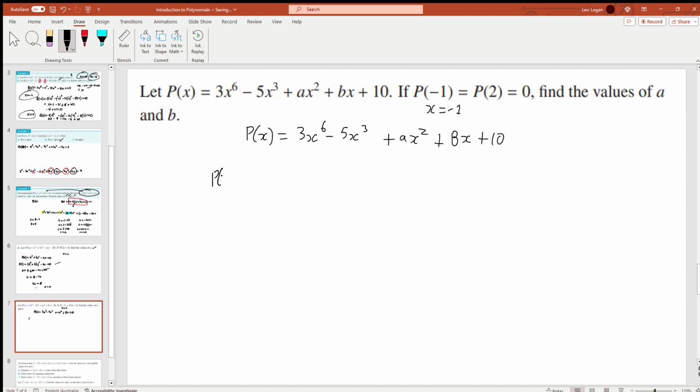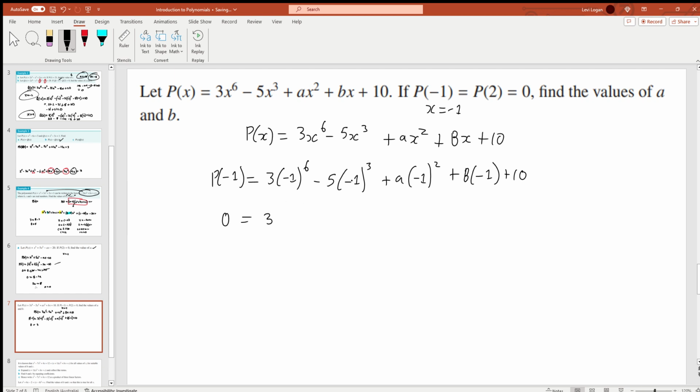So p of negative 1 is 3 times negative 1 to the power of 6, minus 5 times negative 1 cubed, plus a times negative 1 all squared, plus b times negative 1 plus 10. This is equal to 0 because that's what they've stated in the question. Negative 1 to the power of 6 is going to be positive because that's an even term, so we get 3.